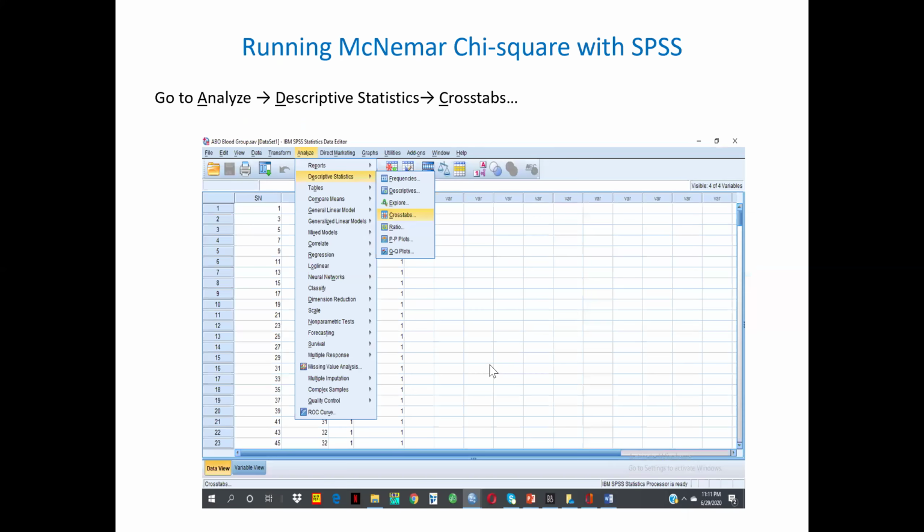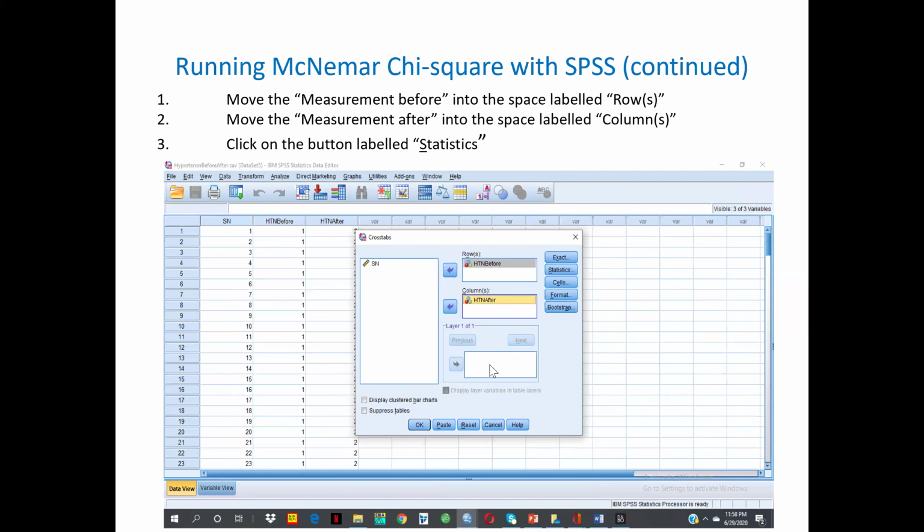Now, this is where you can run it. We've already known that when you calculate all these statistics by hand, you cannot calculate the p-value by hand. This is where you can run it. You see, under Analyze, Descriptive Statistics, Crosstabs, where you do normal chi-square, the same place.